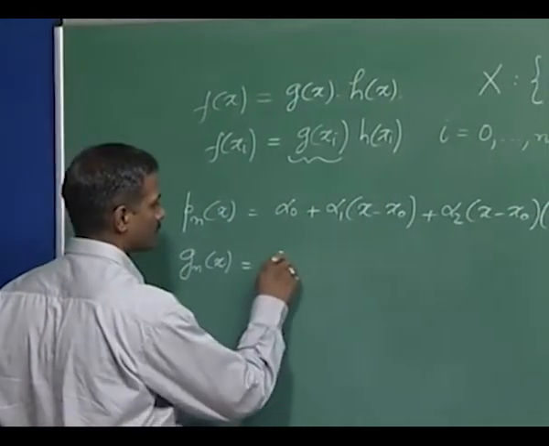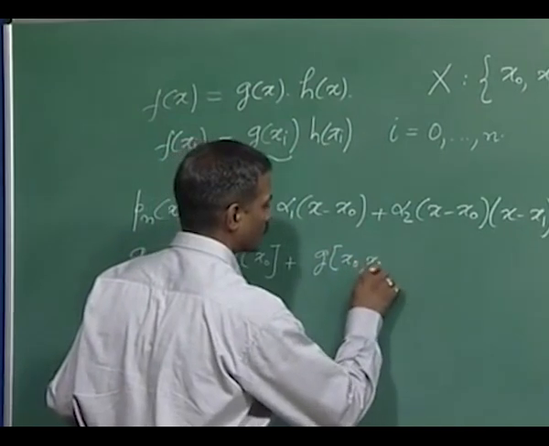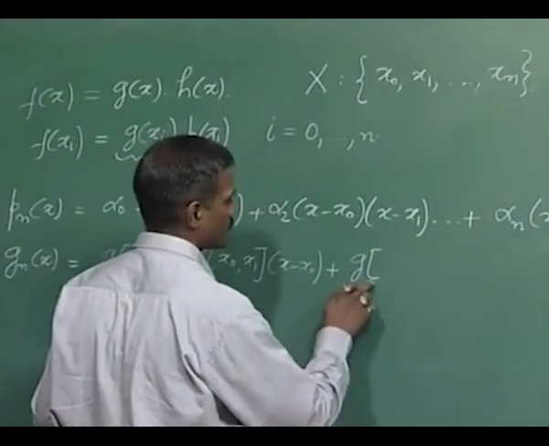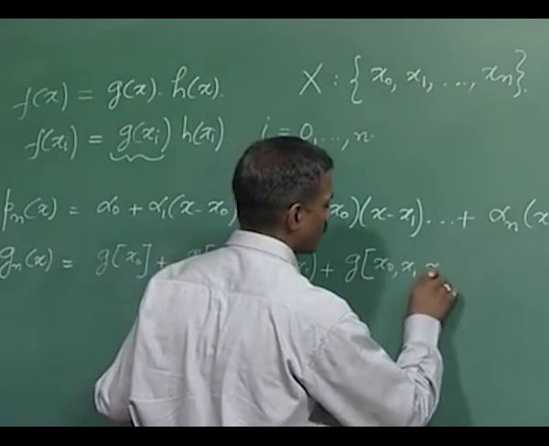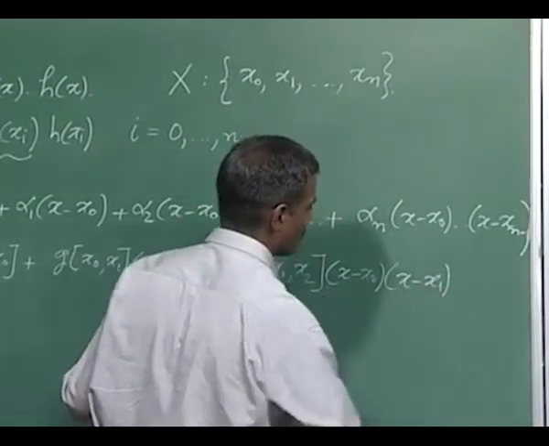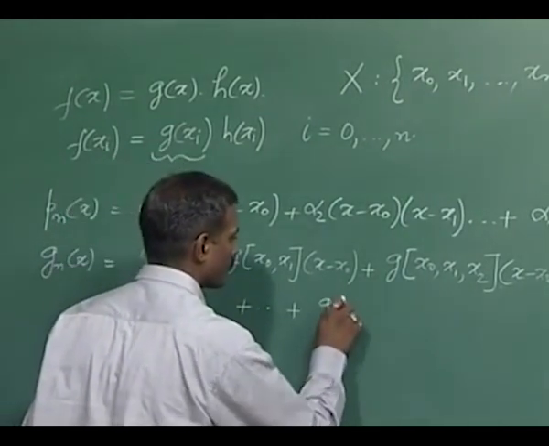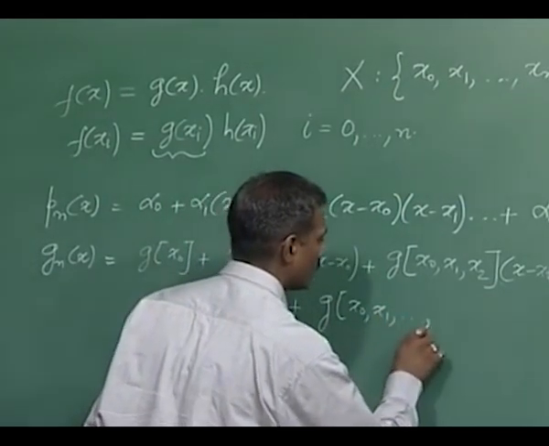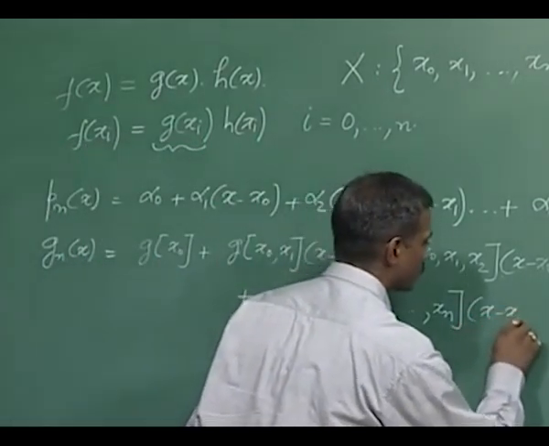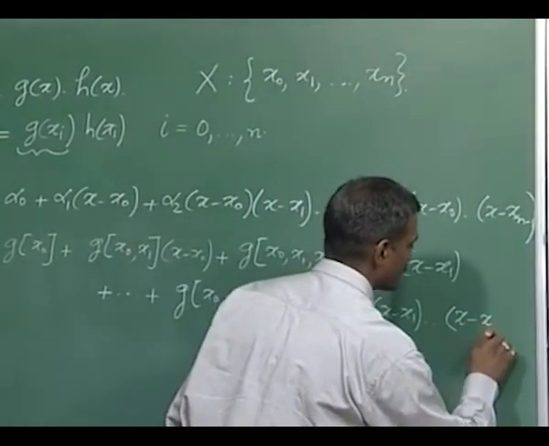So g_n(x) equals g[x0] plus g[x0, x1] times (x minus x0) plus g[x0, x1, x2] times (x minus x0)(x minus x1) plus some more terms, and then the last term will be g[x0, x1, up till xn] times (x minus x0)(x minus x1), and then the last factor here will be (x minus x_{n-1}).